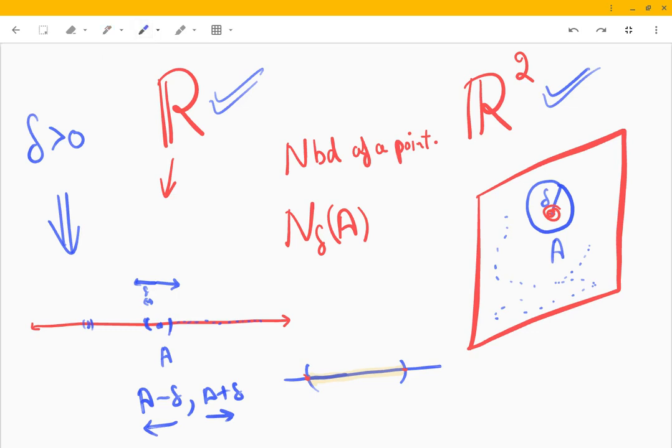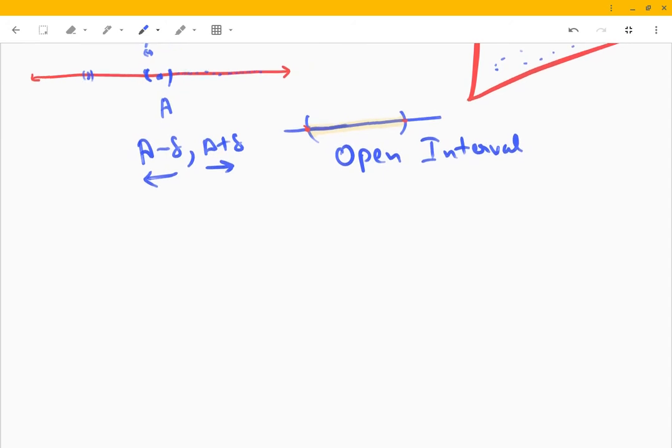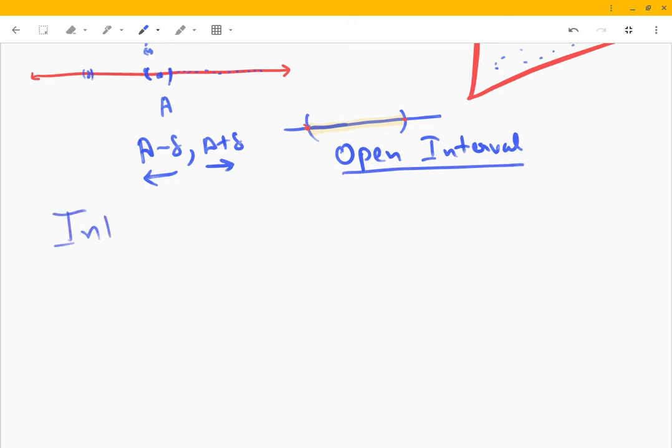Okay, so now that we know about the neighborhood, let's understand what we discussed here. Open interval. Yeah, let's start with that. Open interval and open set. Now, before this, we need to understand what is an interior point.